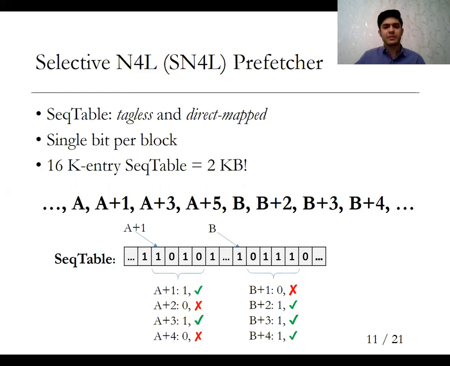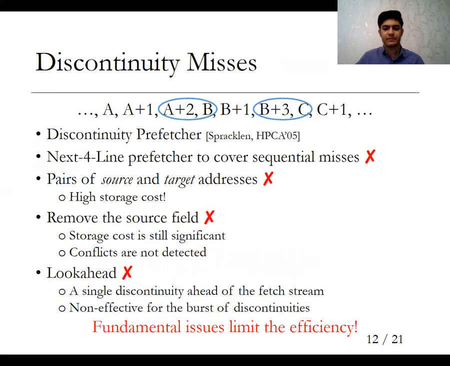The subsequent entry is reset because block A plus 2 is not demanded. Consequently, SN4L will not prefetch A plus 2 since it considers it a useless prefetch. Similarly, the entries of SeqTable are updated and the SN4L prefetcher uses this information to timely and accurately issue sequential prefetches.